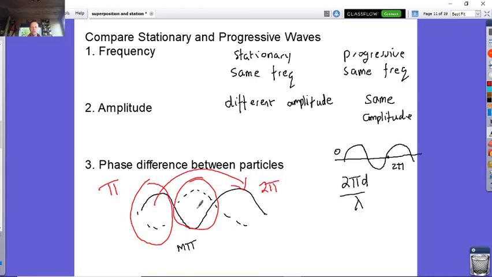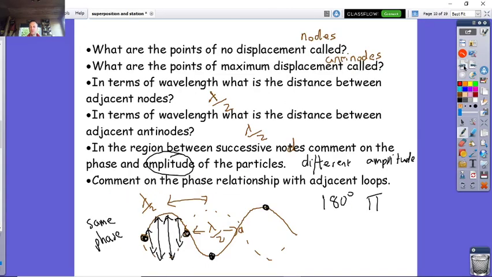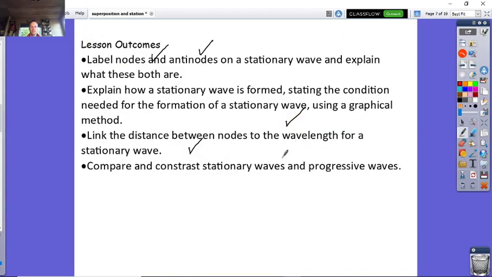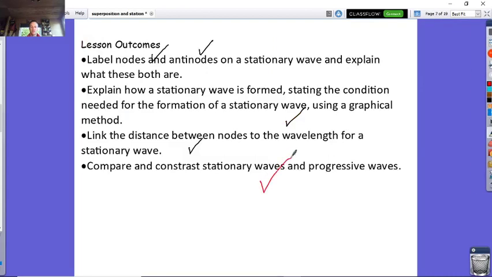Therefore, in these two, you've got m equals 1, i.e. pi, and from there to there, you've got 2 pi, which is 360 degrees, or 0 phase difference. You can use that formula, but I think it's easier to see it in your head, the fact that you're going to have a phase difference between adjacent loops going here. Okay, so I've now just finished off that very last learning outcome, compare and contrast stationary waves with progressive waves. Hope you enjoy the video.